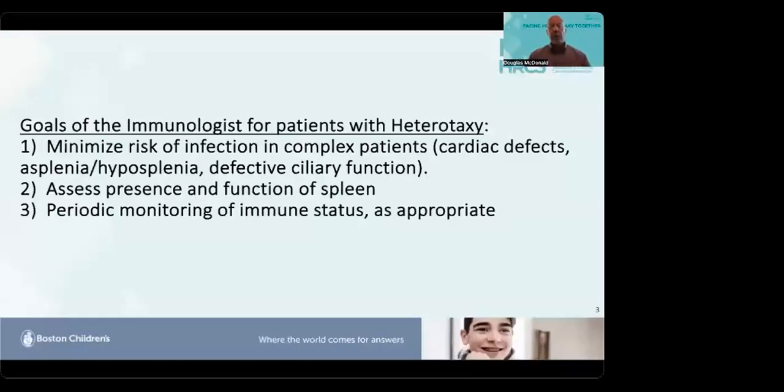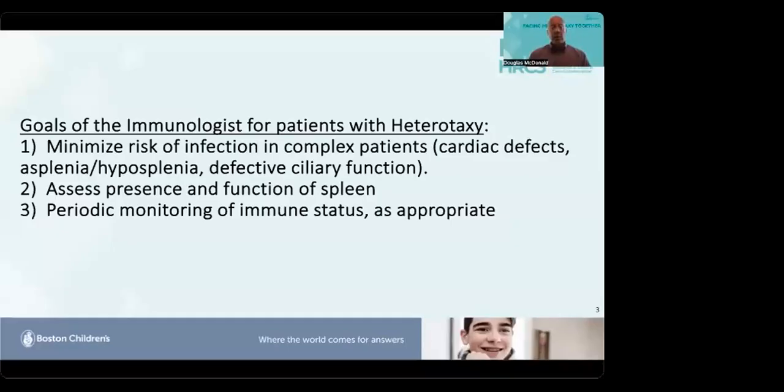So the goals of immunologists for patients who have heterotaxy and asplenia or polysplenia syndrome is to minimize their risk of infection. And obviously that can be influenced by the severity of their cardiac defects, the presence of asplenia or hyposplenia, as well as in a subset of patients, defective ciliary function.